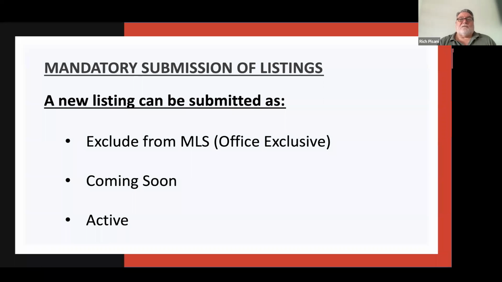Now, if you want it to go in as hold, that you're not really ready, you have a contract, but they still have things they need to do, they're not ready to show it, you have to put it in as active, then immediately put it onto hold. That's important to note.